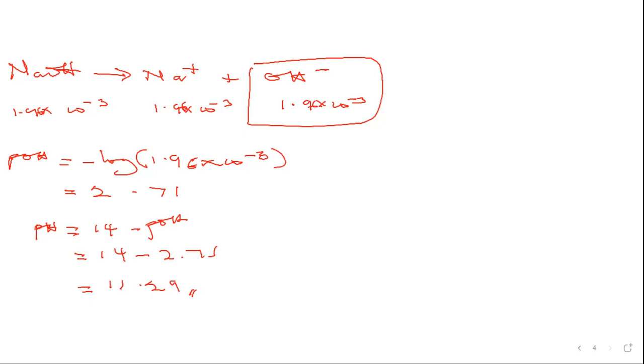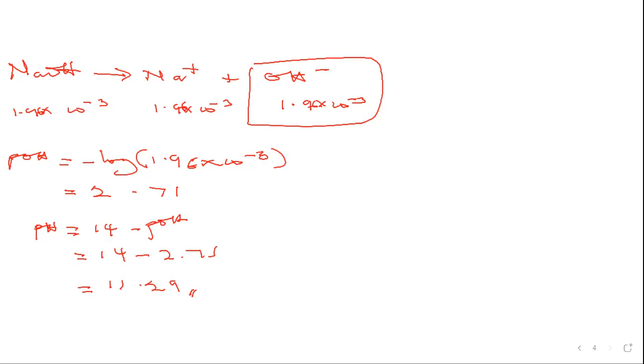Please, this word is very, very important: small amounts of acid or base. So when you add a small amount of acid to the buffer, it must be able to resist change in pH. When you add small amounts of base to the buffer too, it must be able to resist change in pH.